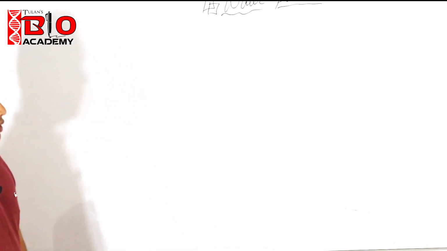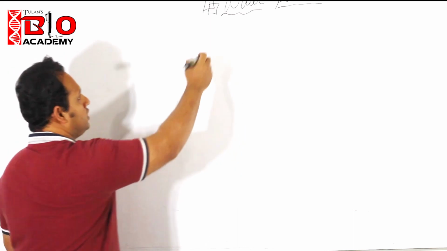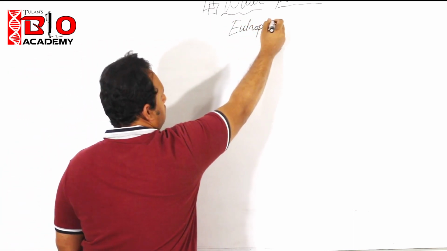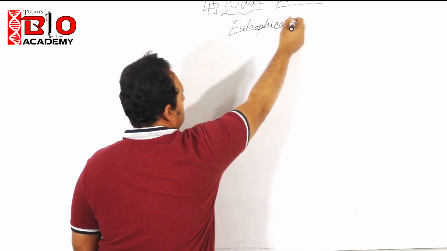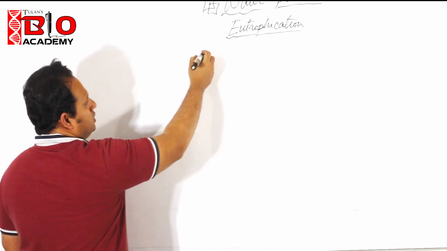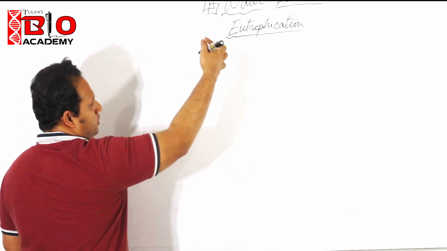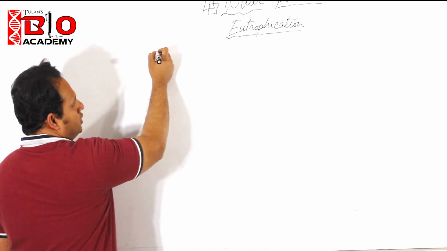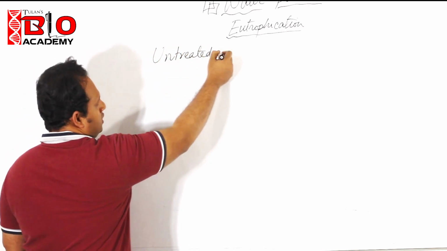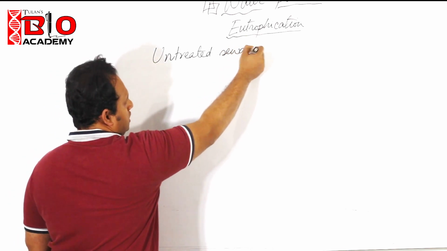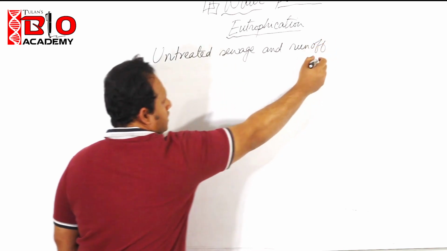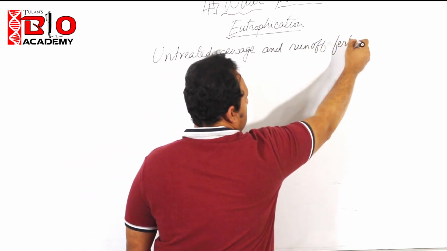So eutrophication. So what actually happens is you have, I'm going to write it in a flow chart. So untreated sewage and runoff fertilizers.